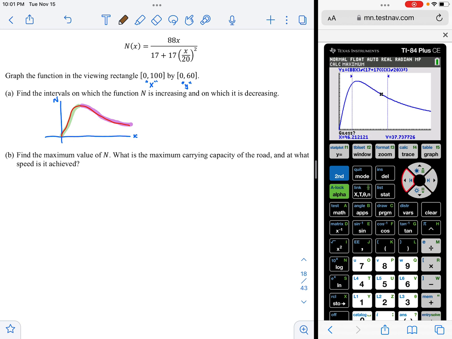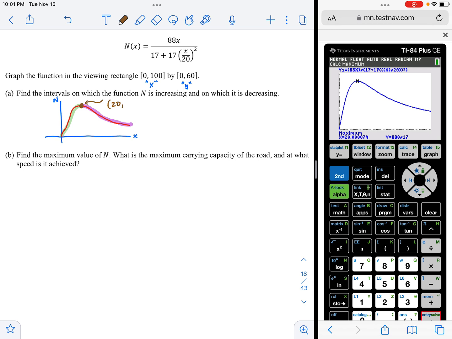Then we'll go up to the top and get close for a guess and hit enter. Okay, so for the local maximum, we have x is 20. It is actually 20.00007, so we're just going to round that to 20 because that would be accurate to 3 decimal places.